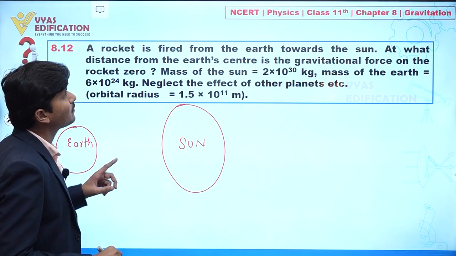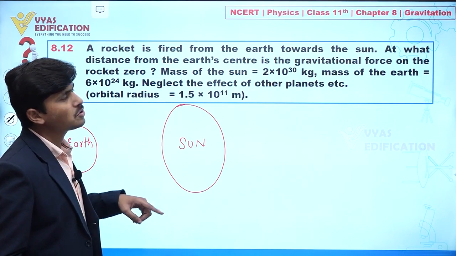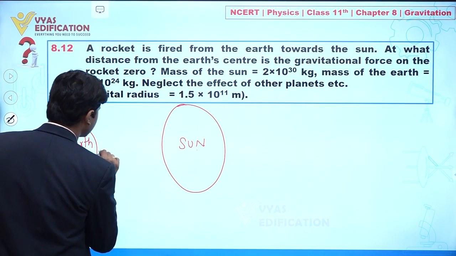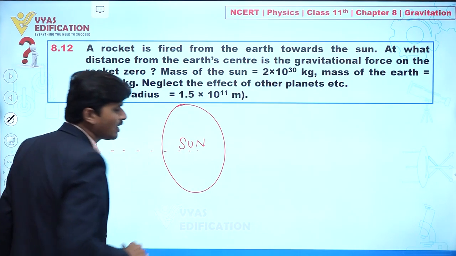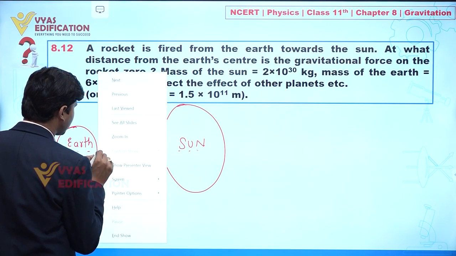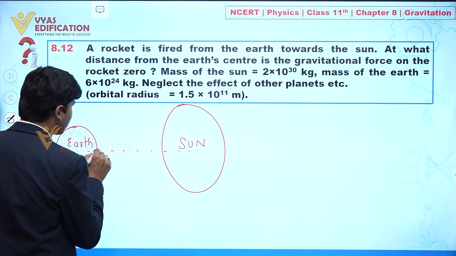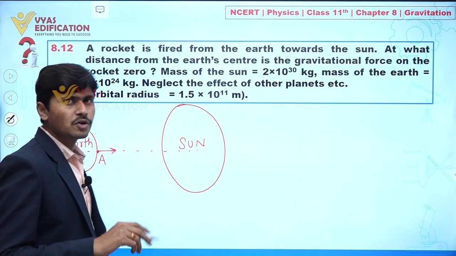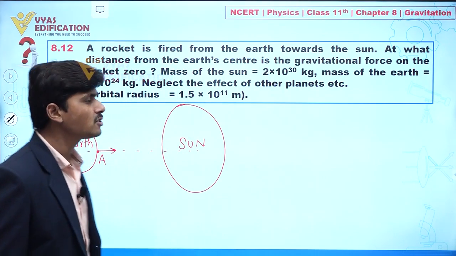A rocket is fired from earth towards sun. Let's suppose this is the line joining the center of earth and sun. For example, I am firing a rocket from this point A in this direction, because I am firing the rocket from earth to sun.